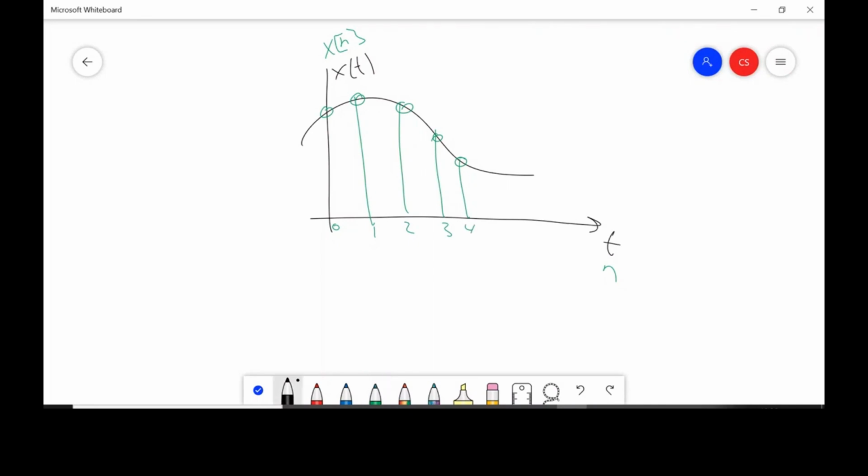And in terms of time, this would be 0, Ts, 2Ts, 3Ts, where the sampling period is Ts. And this one is x of n Ts. So this is the general sampling thing.